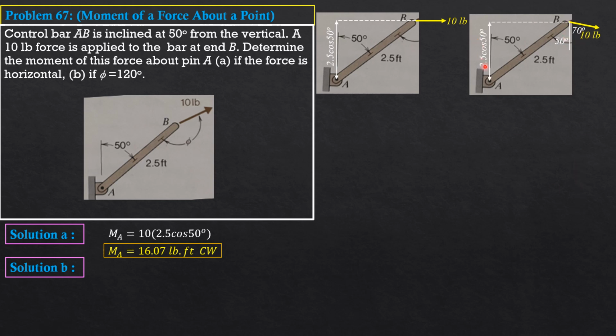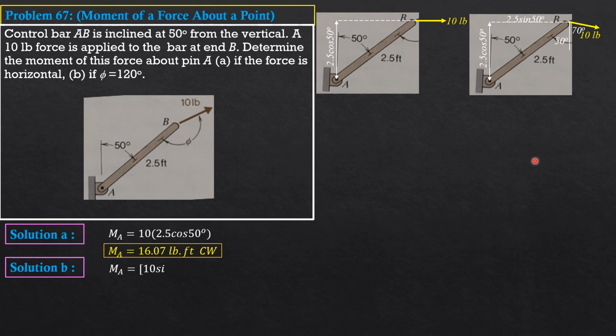So we need the moment arms: 2.5 cosine 50, and this distance is 2.5 sine of 50 degrees. The horizontal component is clockwise, the vertical component is clockwise, so we treat both of them as positive clockwise.